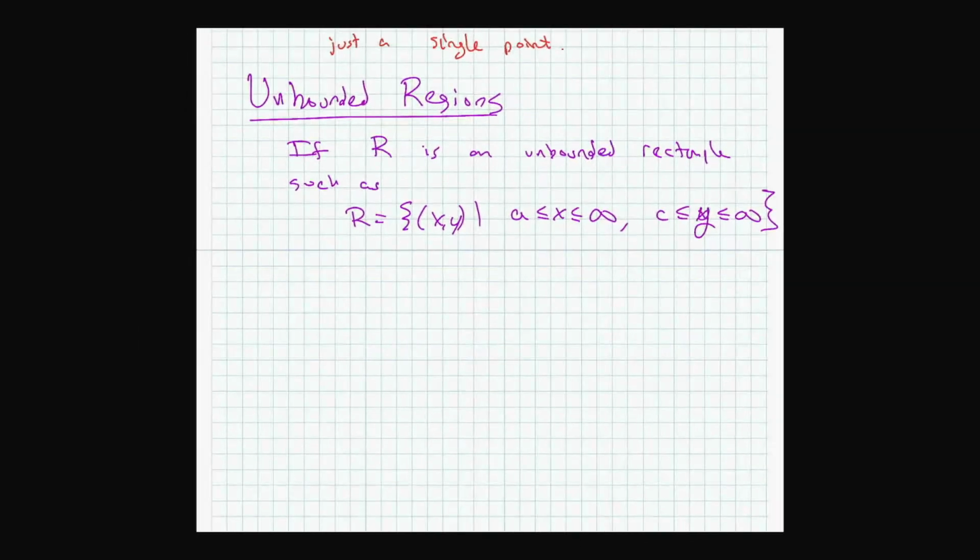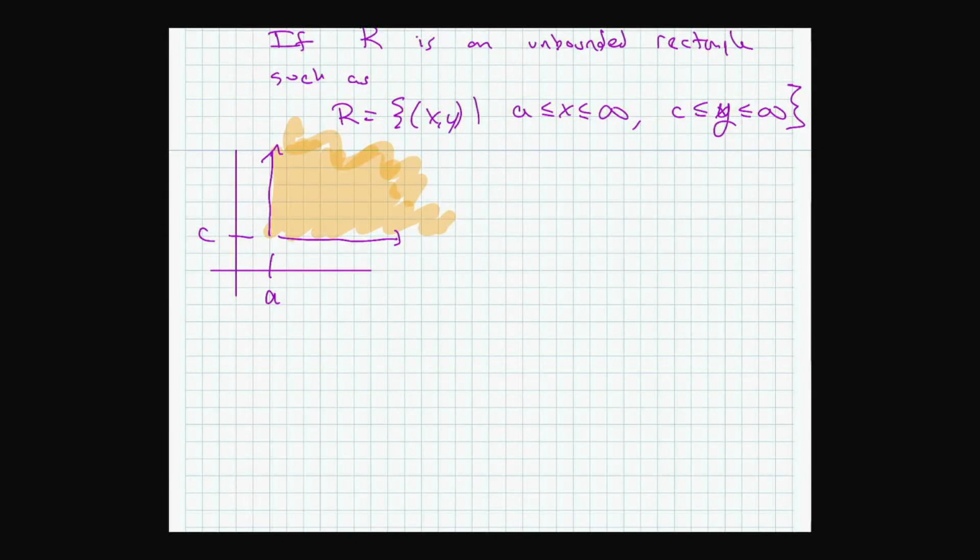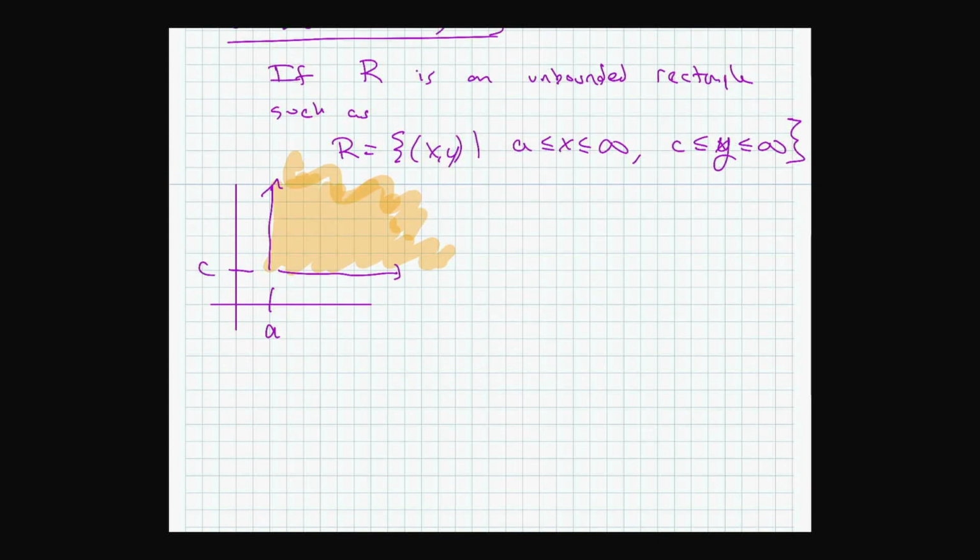So what would that look like? You put an a there and a c there, and then your region just goes out forever in those directions. So that's just an unbounded rectangle. It would be a rectangle, but there's no top and there's no side.